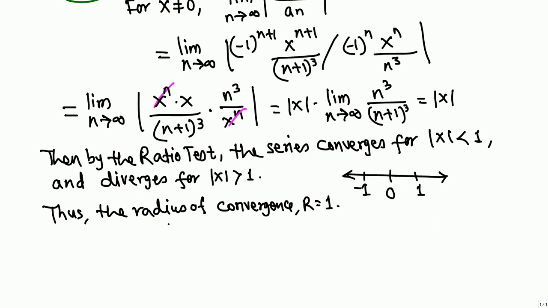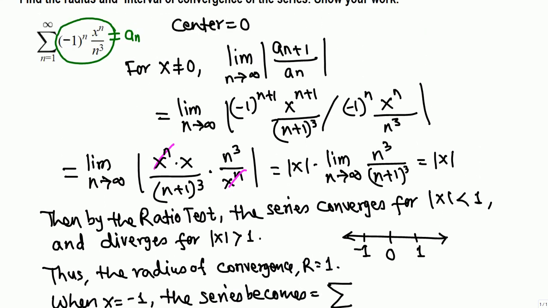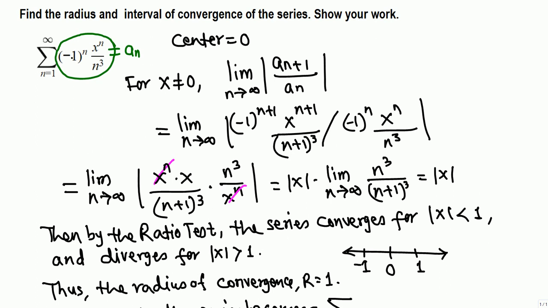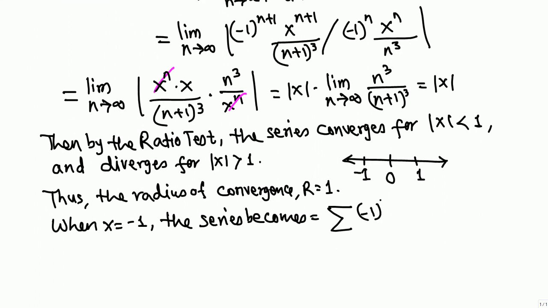Okay, so when x equals the left endpoint, negative 1, the given power series becomes negative 1 to the n times negative 1 to the n over n cubed, n from 1 through infinity.